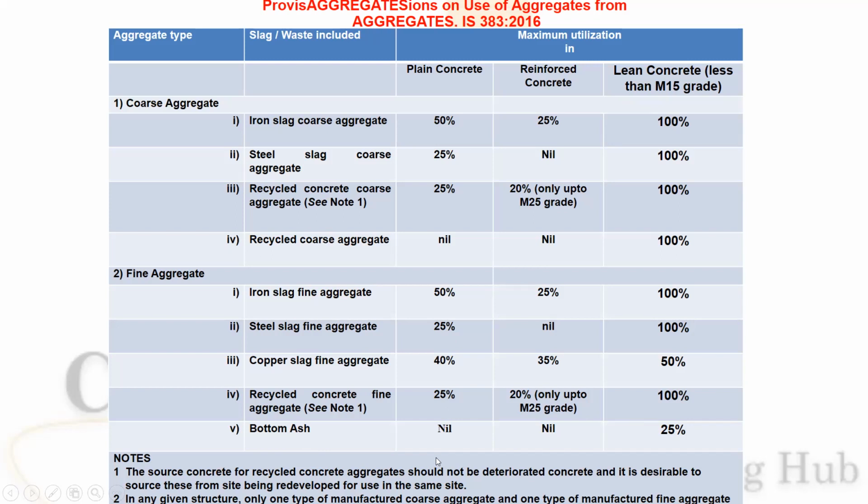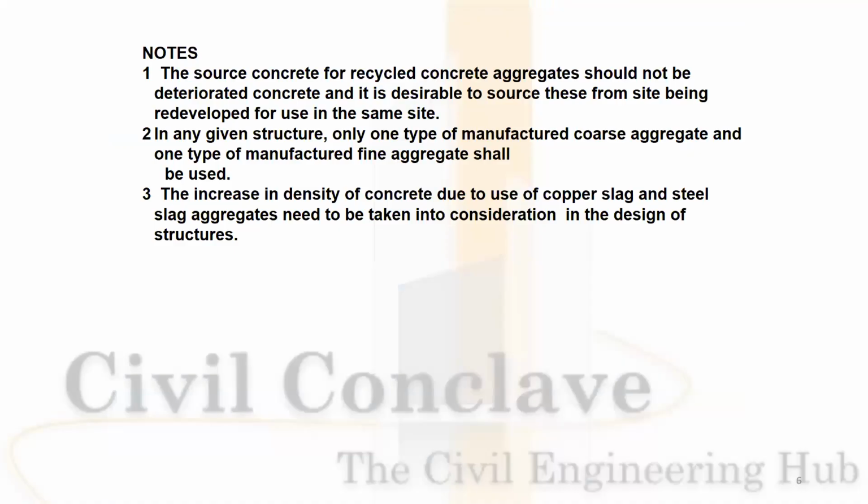The source concrete for recycled concrete aggregate should not be deteriorated concrete, and it is desirable to source this from a site being redeveloped for use at the same site.